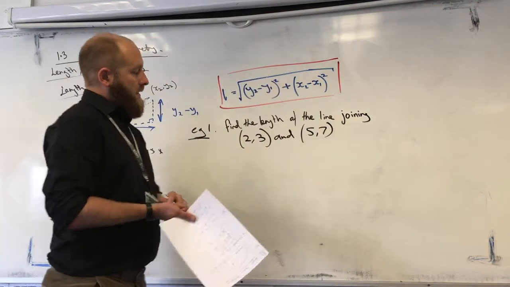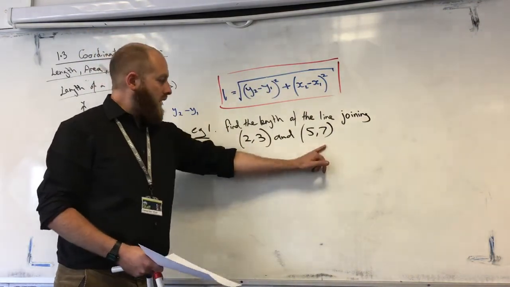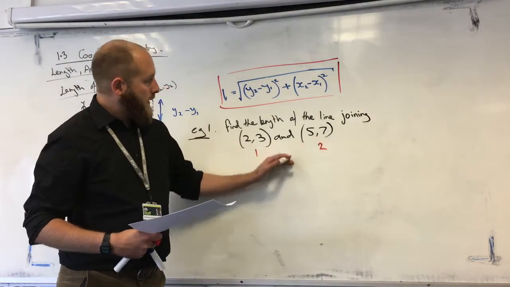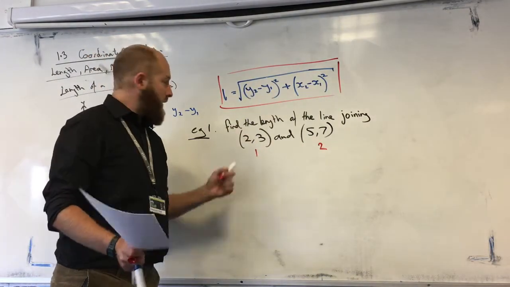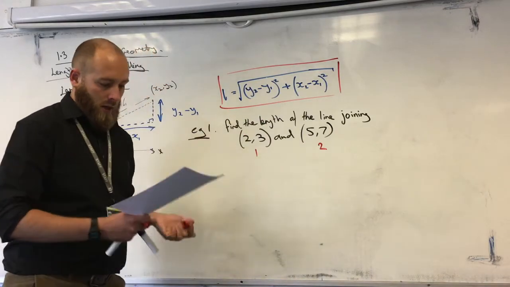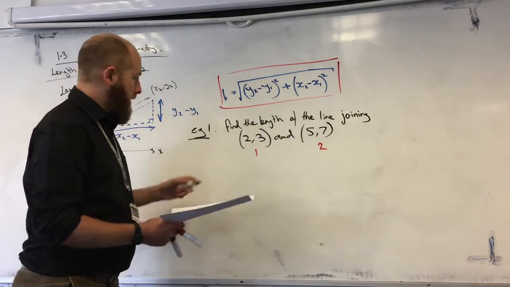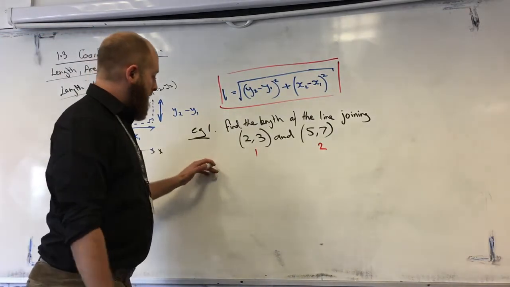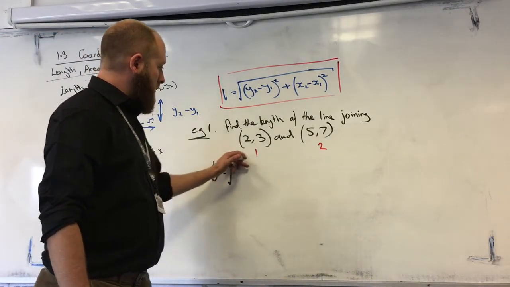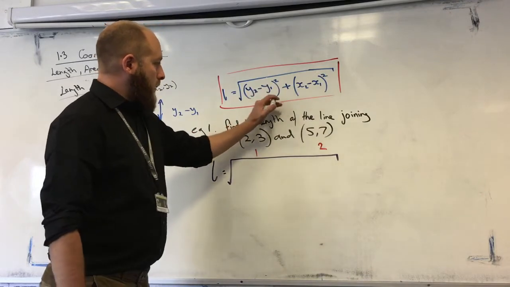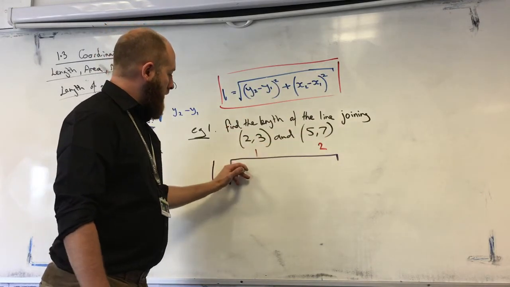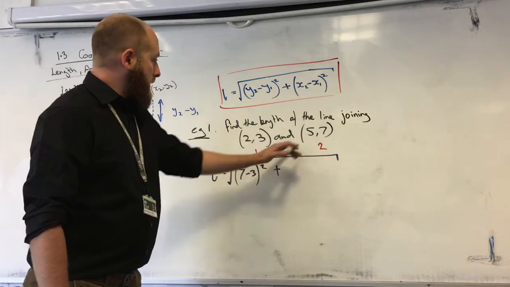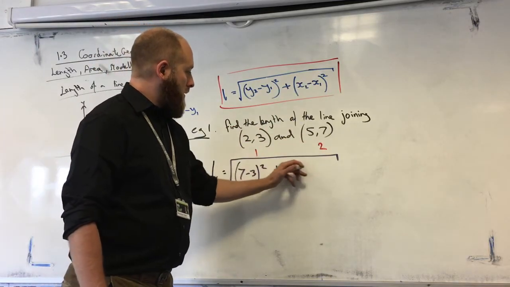Find the length of the line segment joining (2, 3) and (5, 7). We're just going to say this is coordinate 1, this is coordinate 2, and then put these into the equation. If you want to pause it and have a go on your own, go for it, otherwise I will do it now. So length equals the square root of (y2 take y1), so that's 7 take 3, plus (x2 take x1), so 5 take 2.